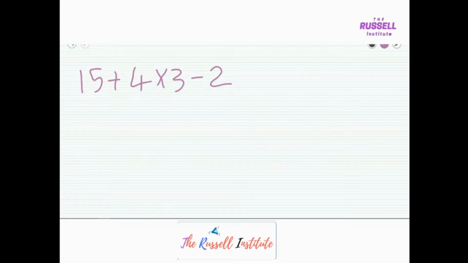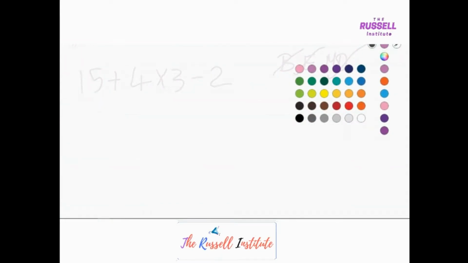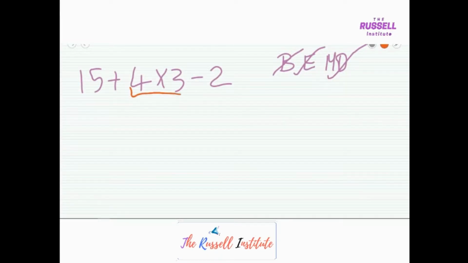What do I do first? Let's see. Are there any brackets? No. Are there any powers? No. Is there multiplication and division? Yes. So I have to take care of that first. There's the multiplication. That must be done first. What's 4 times 3? 12.